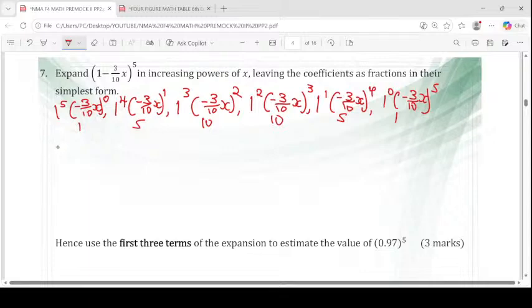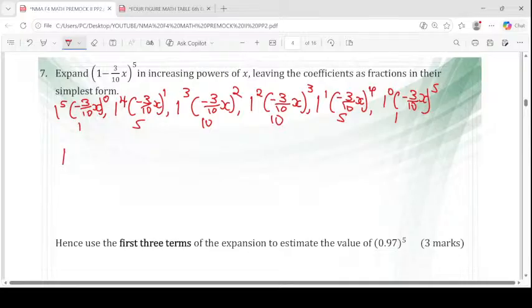When we insert, this will be like saying, when I take 1 times 1 to the power of 5 times negative 3 over 10x power 0, that will be 1. Remember, any number raised to the power of 0 is a 1.